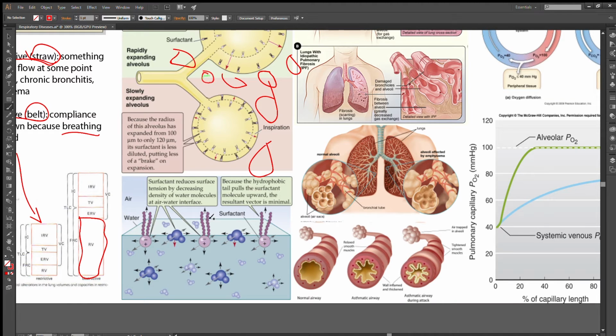So, how does surfactant work? Well, it's pretty much like a detergent, and you can read these boxes along with me, but they have their hydrophilic heads here interacting with the water, and then they have their hydrophobic tails going outwards like this. And what this does is prevent the surface tension that would normally be present in alveoli.